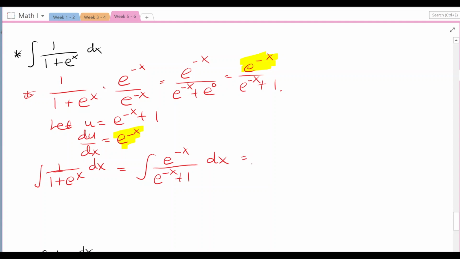And then we already know that e to the negative x times dx equals du. So as mentioned, this is the same as this term here. e to the negative x dx equals du. So the term there becomes du only, over the bottom part which is equivalent to u.